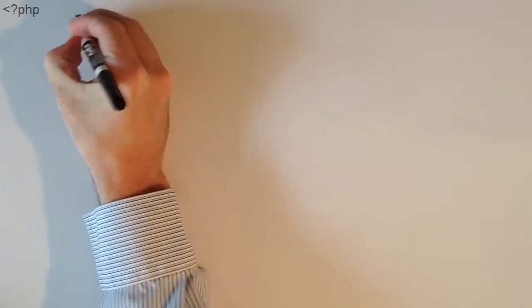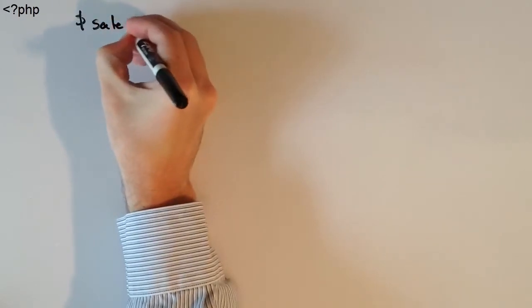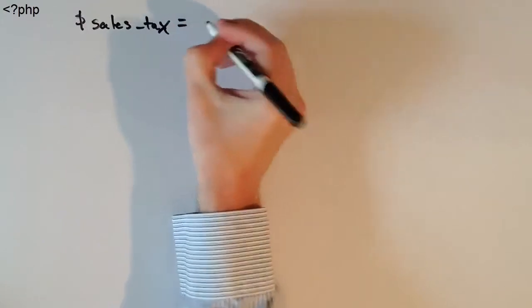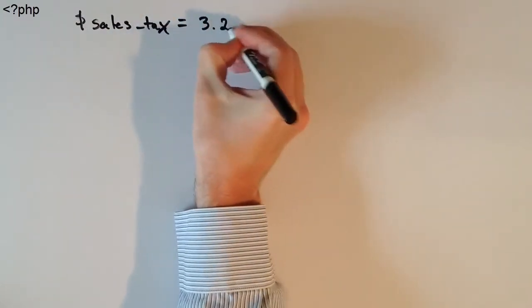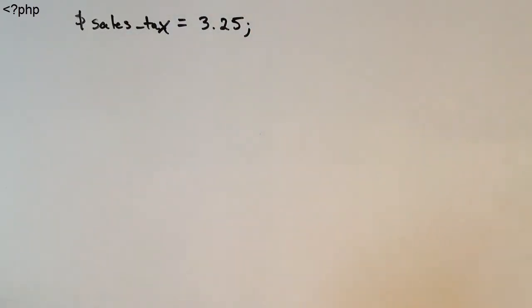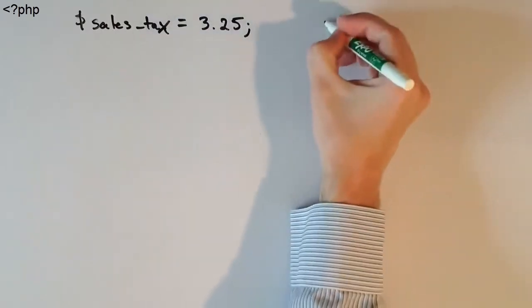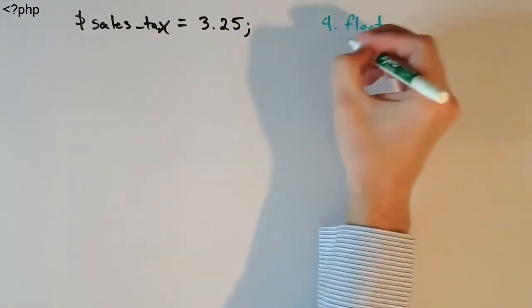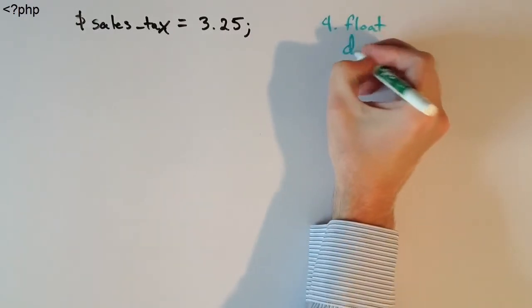So if I do, what can be 3 1/4? Let's do sales tax, which is extremely low. Let's do sales tax is equal to 3.25 with a semicolon. And that's a fourth data type, which is a float, or in other languages, it's also referred to as a double.